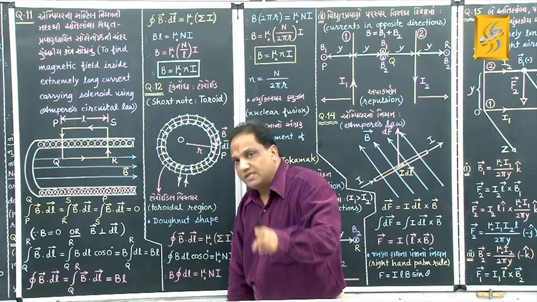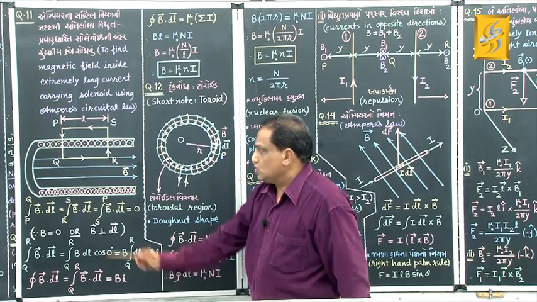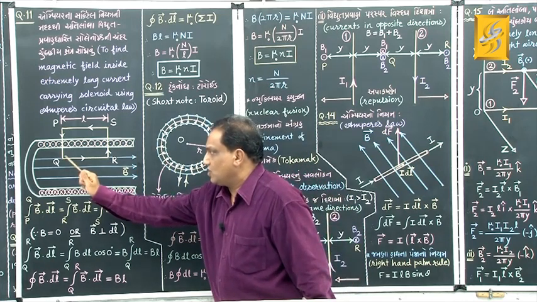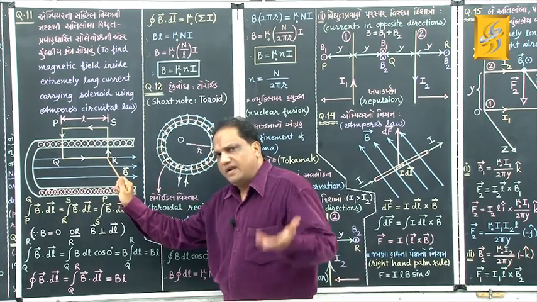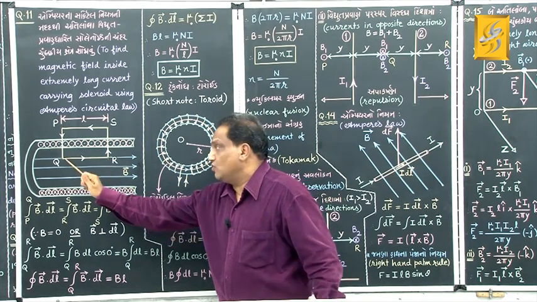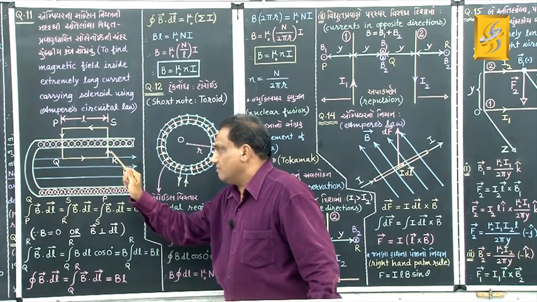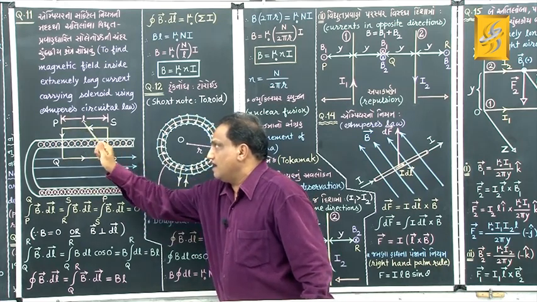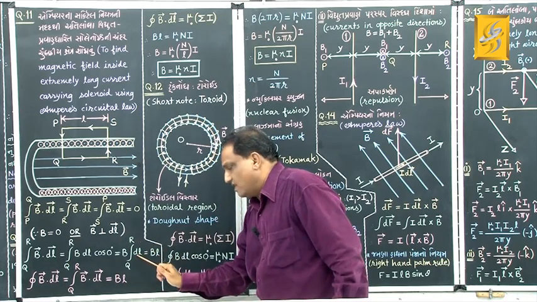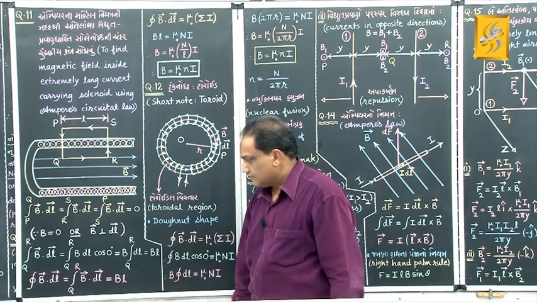Integration of dl means the summation of lengths of all the length elements chosen over this line segment Q to R, correct? Naturally, when you add up the lengths of all the length elements from Q to R, it will give you this much length, and this much length is nothing but small l. So this integration of dl value is small l, correct?